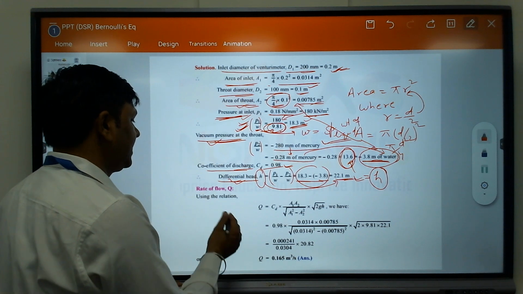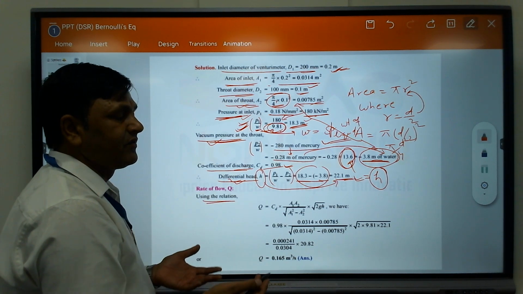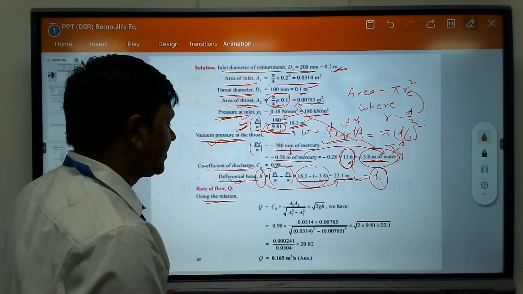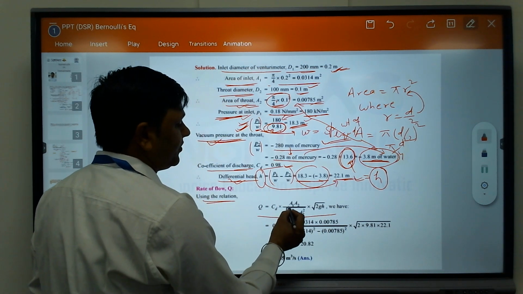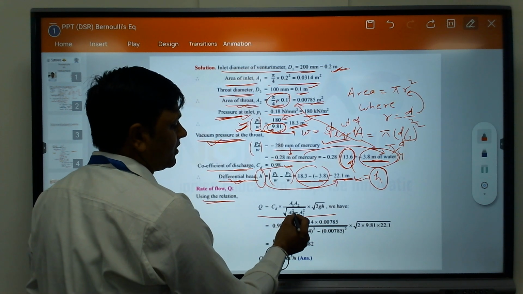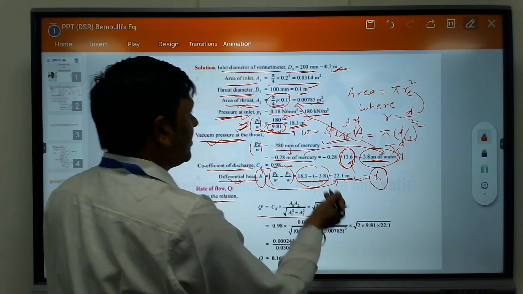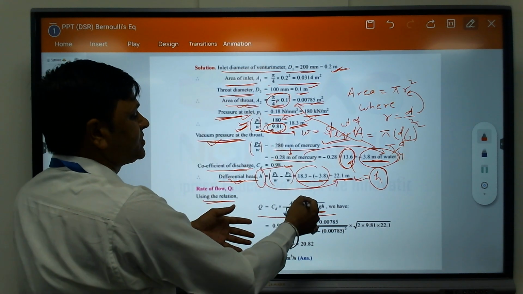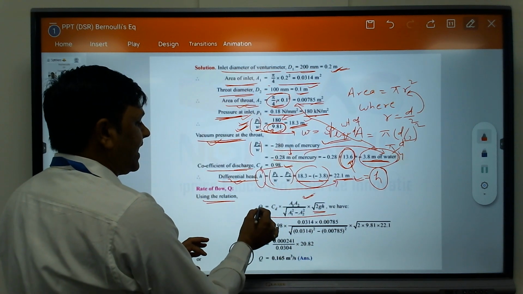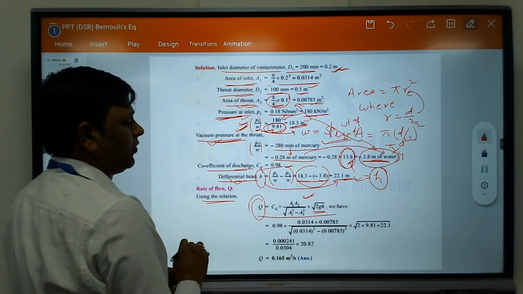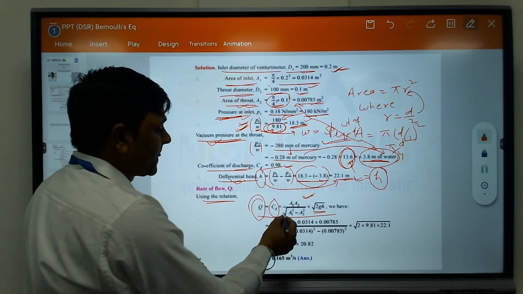Now similarly, what is the relation of flow rate in the case of the Venturi meter? You all know this. Q is equal to CD into A1 A2 upon under root A1 square minus A2 square, into under root 2gH. Now we have all the values to use in this problem and find Q. The value of CD is 0.98.